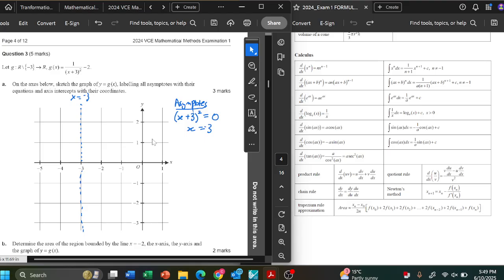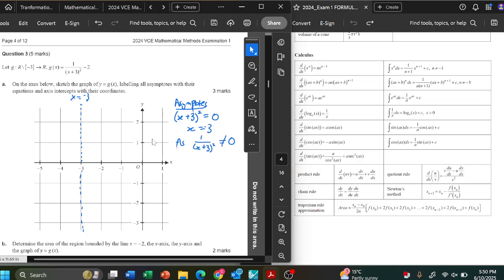That's our first asymptote, the vertical asymptote. Secondly, we've got a horizontal asymptote. It occurs due to the fact that if we divide by a number, we're never going to get 0. So 1 over x plus 3 squared is never going to be equal to 0, because it doesn't matter how large the number down the bottom is.